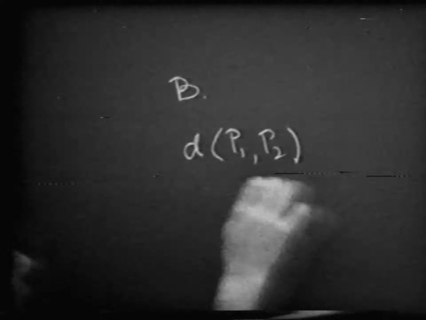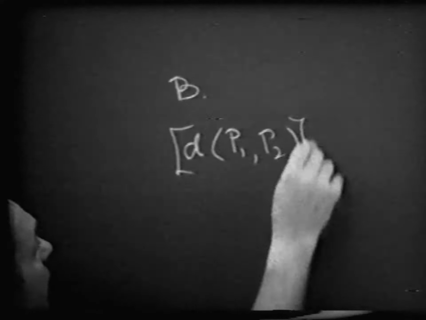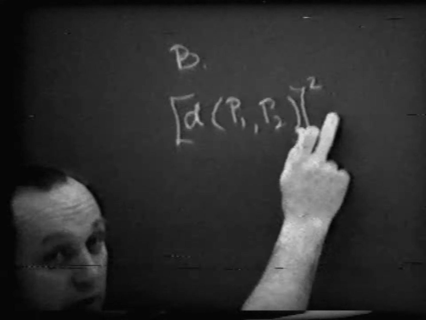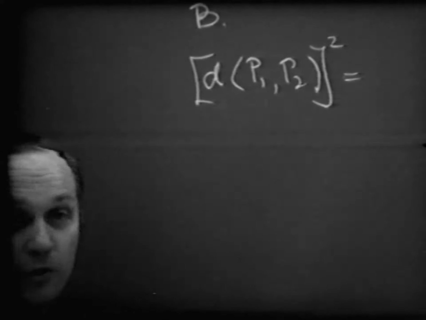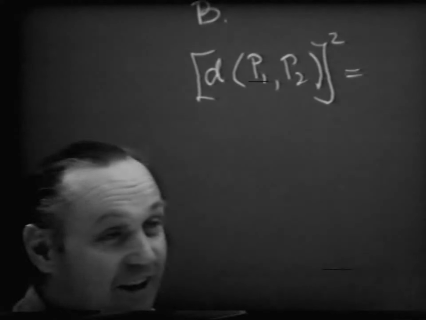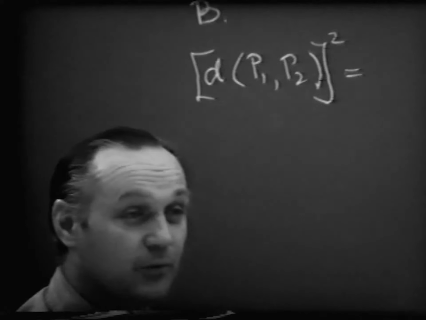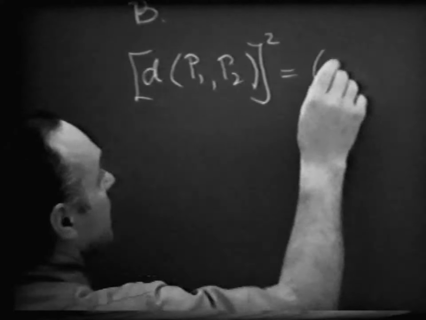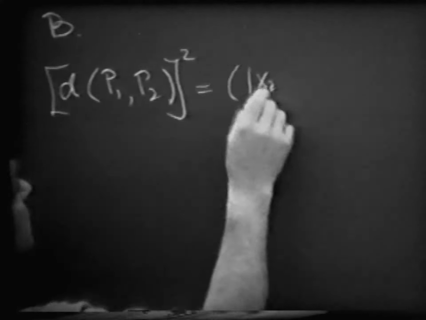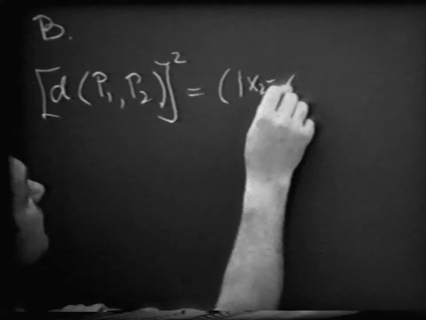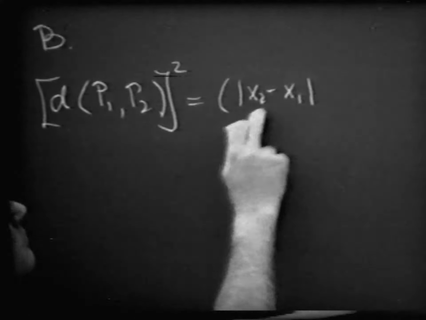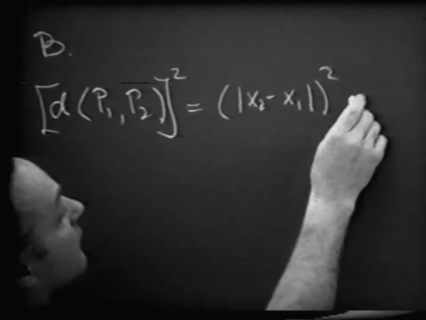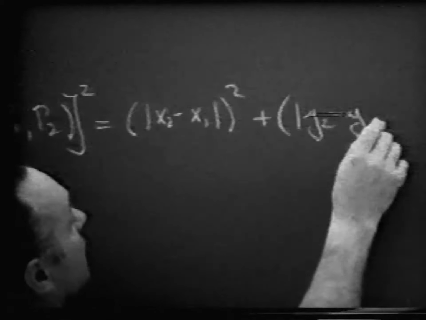All right, and using this notation, we know then that this number squared, from our Pythagorean theorem, must be equal to what? It is equal to the absolute value of x sub 2 minus x sub 1, all squared, plus the absolute value of y sub 2 minus y sub 1, all squared.